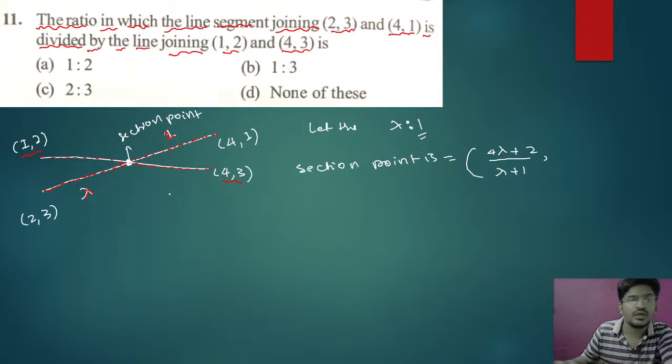Again, lambda into 4 is 4 lambda and 1 into 2 is 2. Next, this will be lambda into 3 plus lambda divided by lambda plus 1.